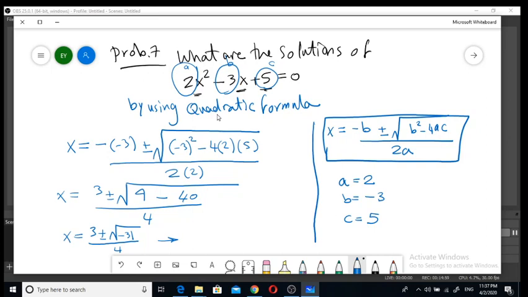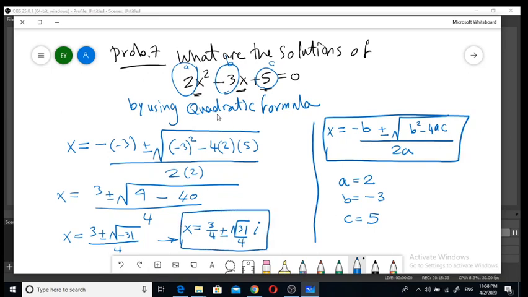Then we can split this expression, so x is equal to 3 over 4 plus or minus square root of 31 times square root of negative 1, which is I. So we have square root of 31 times I, don't forget, over 4.